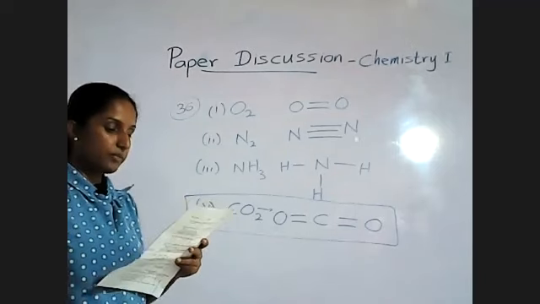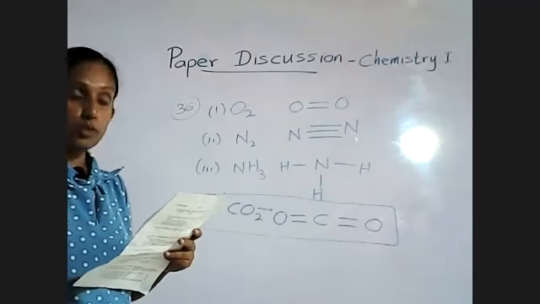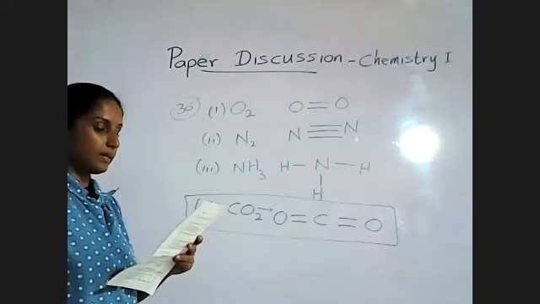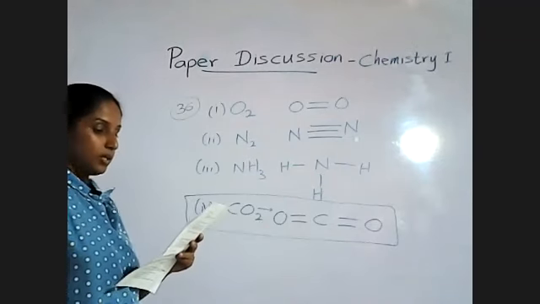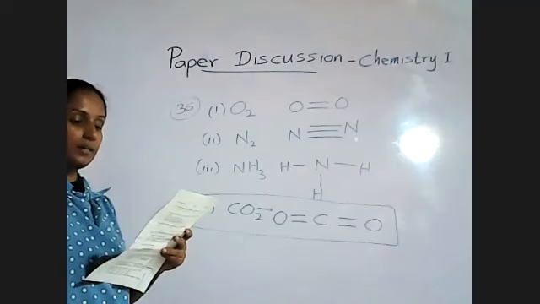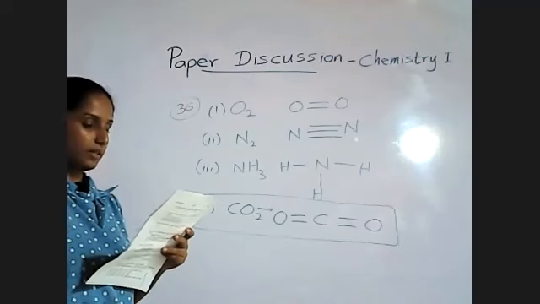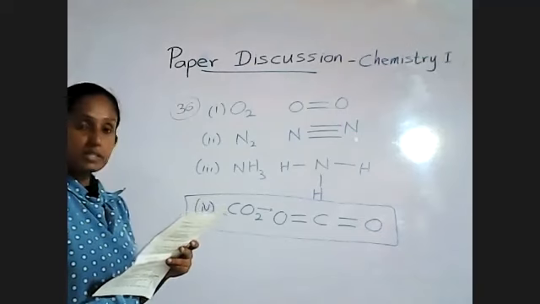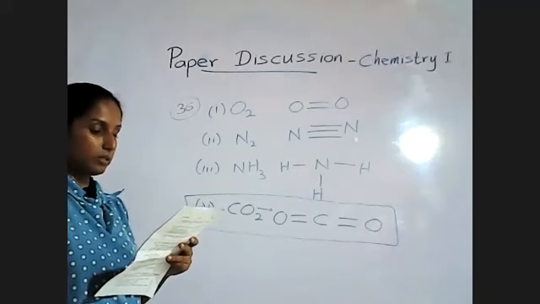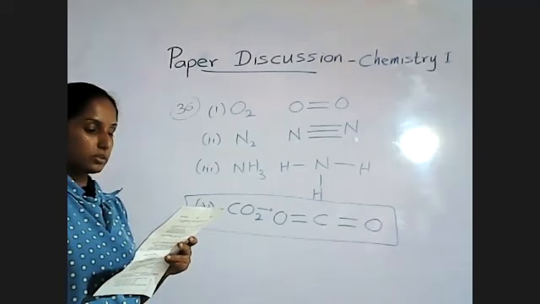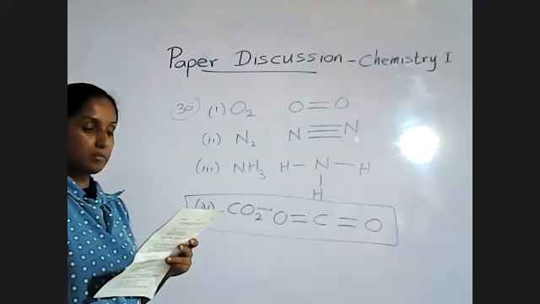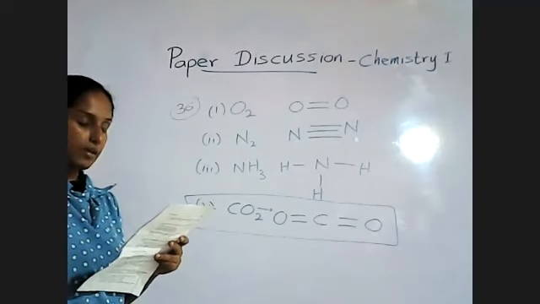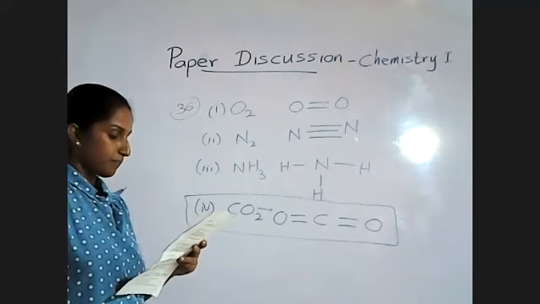Look at question 37. The electronic configurations of the atoms of 2 elements, X and Y, are 2,8,1 and 2,8,7 respectively. Of the following statements about the pair of those elements, which statement is false? We have to find the incorrect one.